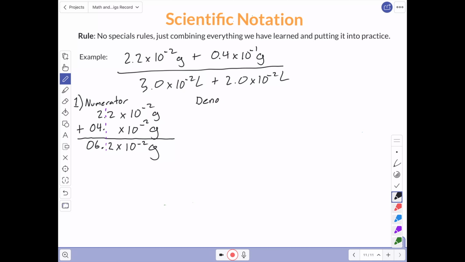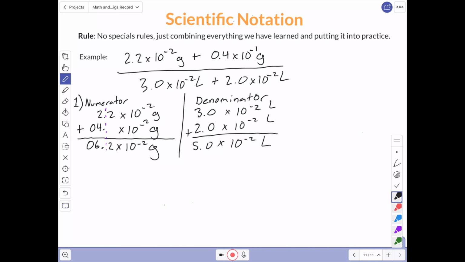Now that our order of operations are complete, we have simplified the expression that we can now use to do our division. Step 2. We'll plug our values in. Recognizing that we did not round this, we need to keep track of our sig figs still.